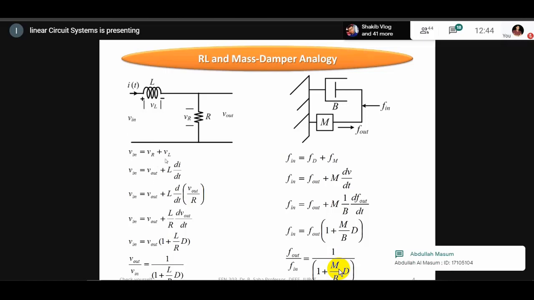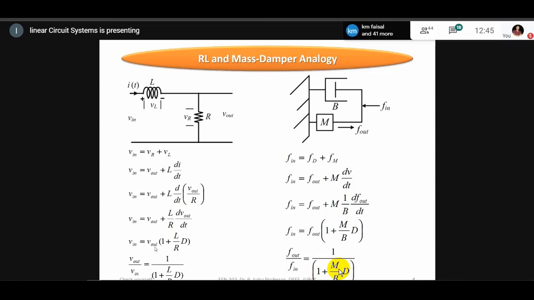So Vin equals Vr plus Vl. Then Vin equals Vr, which is V out, plus L dI by dt. Now, I is how much? Since it is a series circuit, we can write I as Vr by R, so Vr equals V out. So we have a similar relationship as the previous slide: Vin equals V out plus L by R dV out by dt.